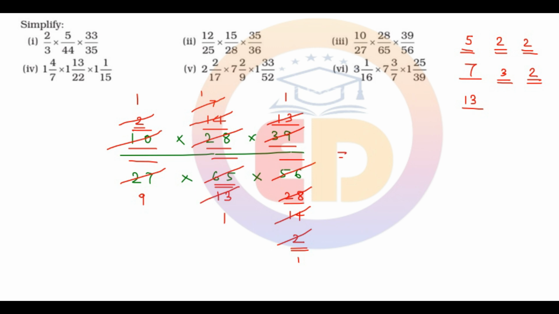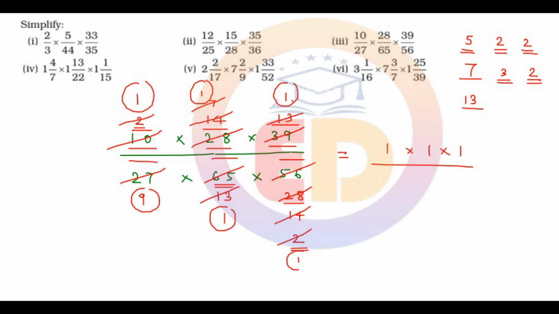Now in the numerator I have 1 multiplied by 1 multiplied by 1. Let us write it down. 1 into 1 into 1 upon, in the denominator I have 9 multiplied by 1 multiplied by 1. My final answer will be 1 upon 9.